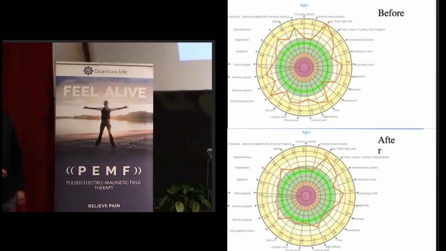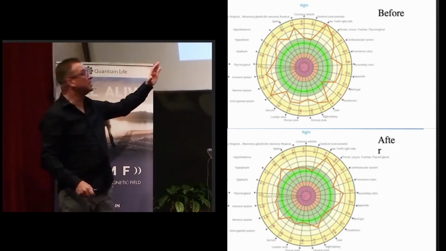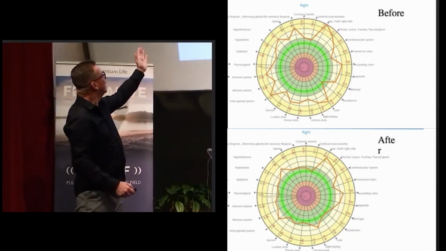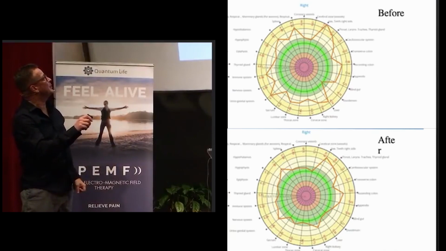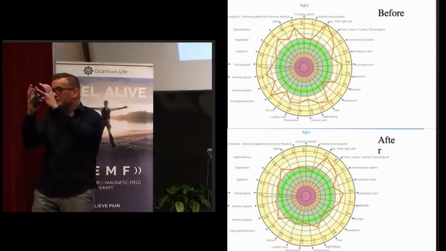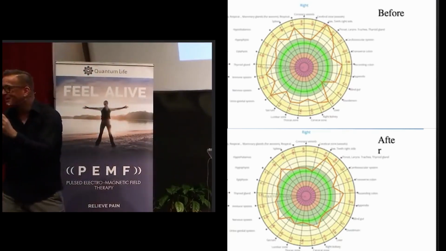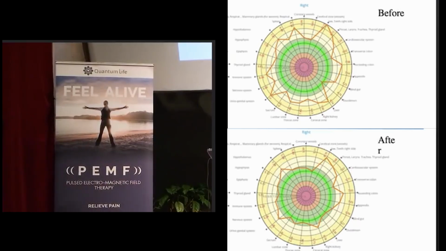And this is also another way how you can display energy balance, left and right side. Here the goal is to get all these single measurements towards this green circle. So the more they go apart from it, the less positive the result is.